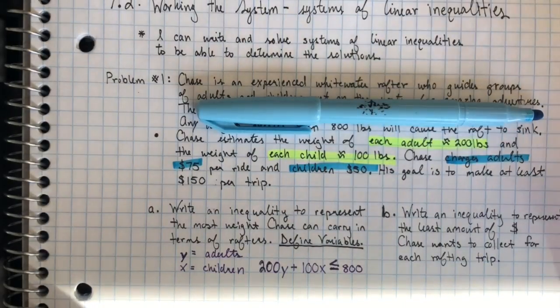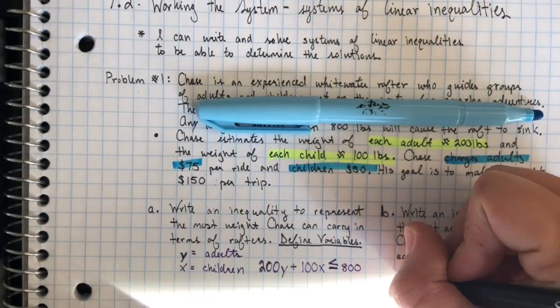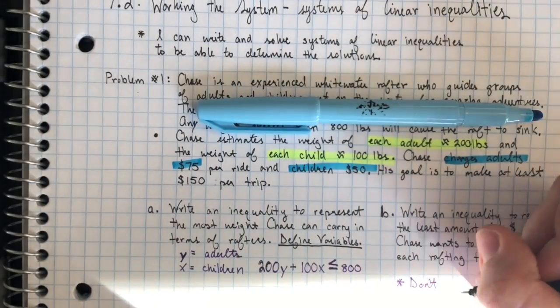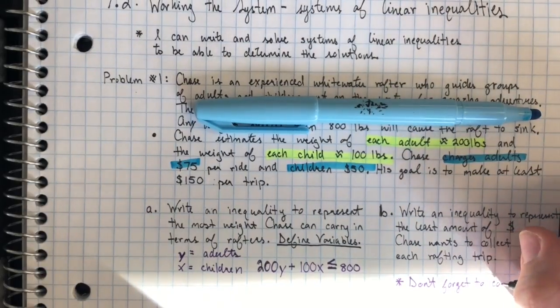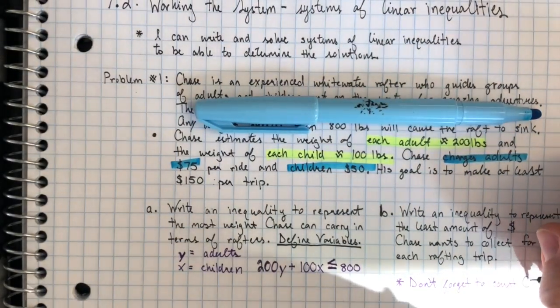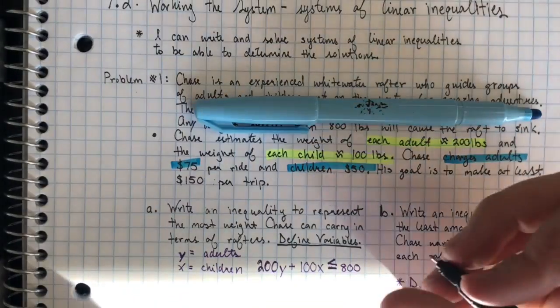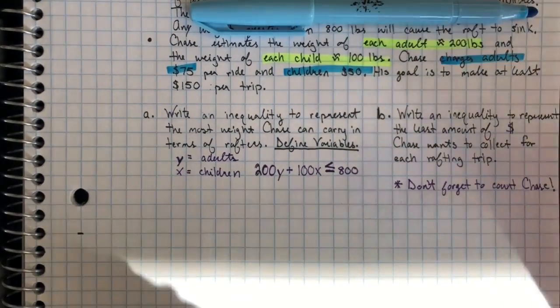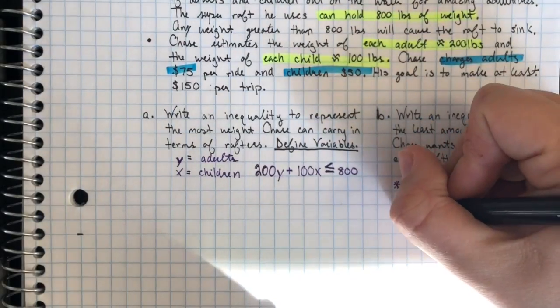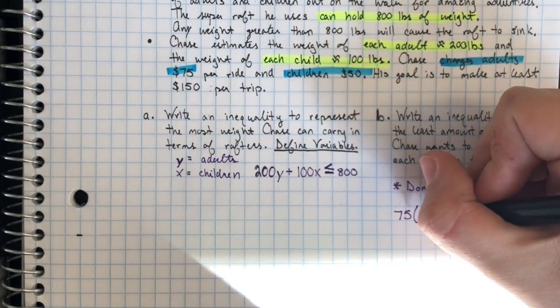Now what we need to take into account as well is that we actually have to count Chase in the number of adults because he's obviously not charging himself to go on the rafting trip. So don't forget to count Chase. And the way we do that is we say, okay, we're going to charge $75 per adult, but not for Chase himself.